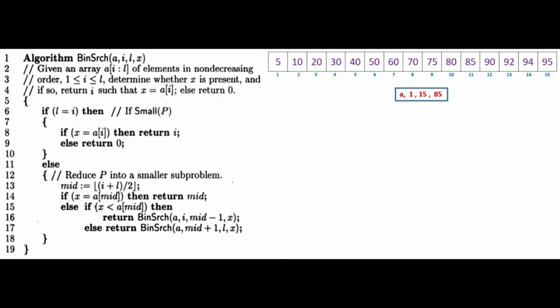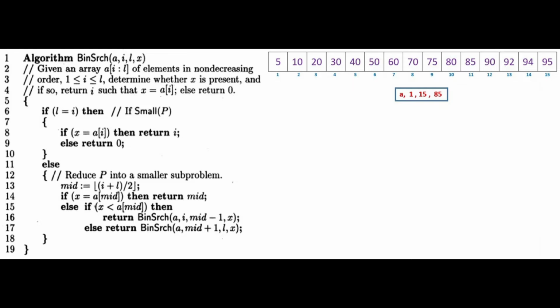I is the lower bound, the value of I is equal to 1. L is the upper bound, the value of L is equal to 15. x is the element to search. Here we search for the element 85. Those are represented in the tree structure in the root node.